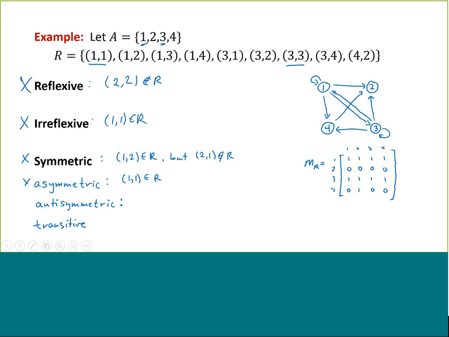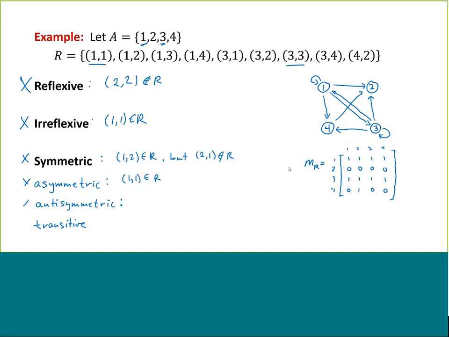Well, that one is a single arrow, that one's a single arrow, that one's a single arrow, that one's a single arrow, that one's a single arrow. So are we antisymmetric? What do you guys think? We're really, really close to being antisymmetric, but it does turn out that we're not antisymmetric as well.